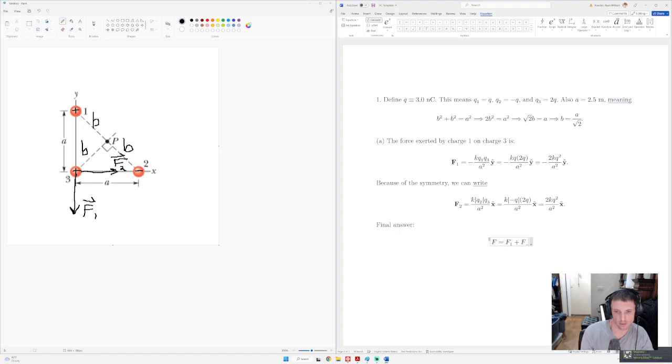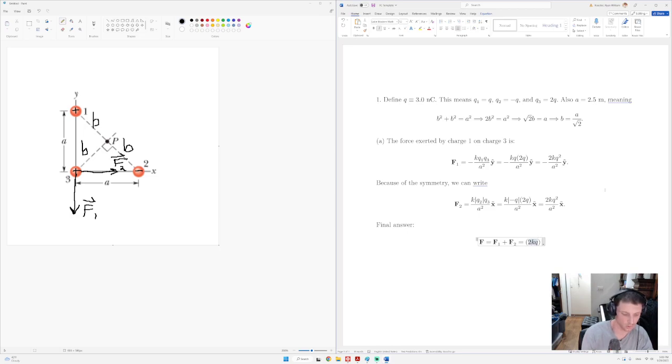I'm just going to write F equals F1 plus F2. Now these are all vectors, right? So let me just make them vectors. And I'll just write this as an ordered pair. And we're going to write that this is 2KQ squared over a squared for the x component, and then negative 2KQ squared over a squared for the y component.